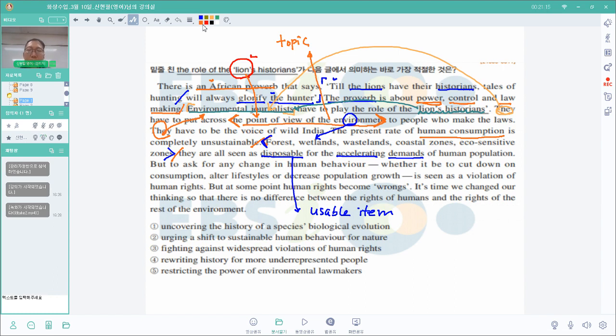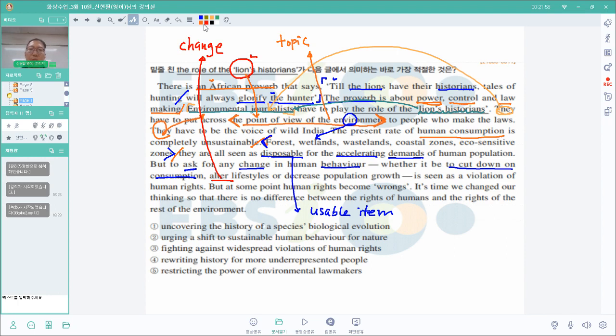If somebody asks us to change our behavior, saying, hey, this is a wrong way of using the environment, let's change our behavior, whether that is cutting down on consumption, or altering our lifestyle to a more nature-friendly, eco-friendly way. Alter means change.